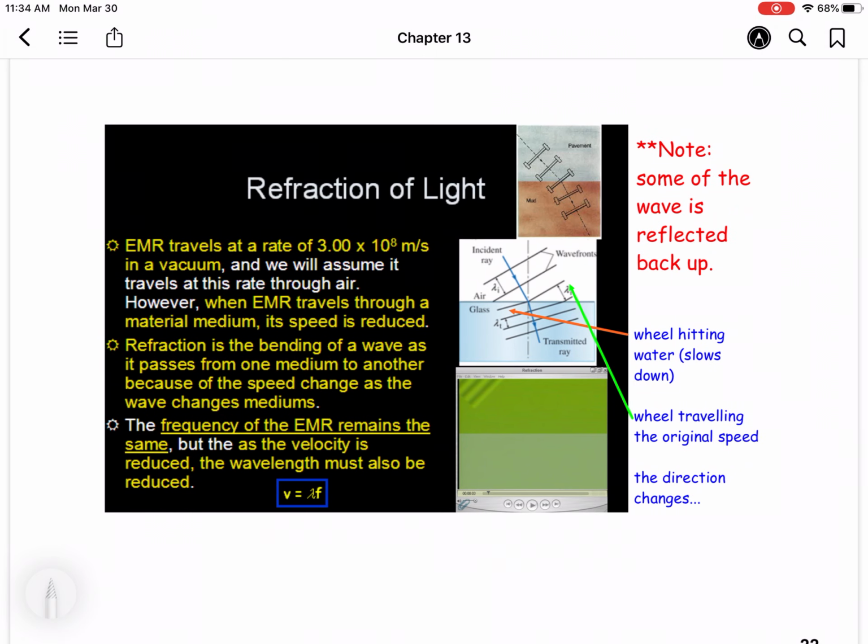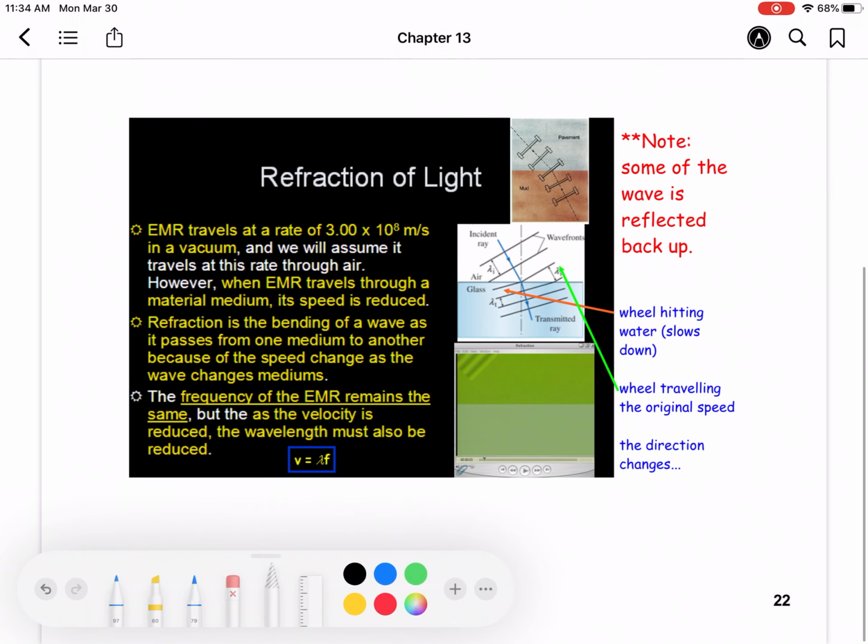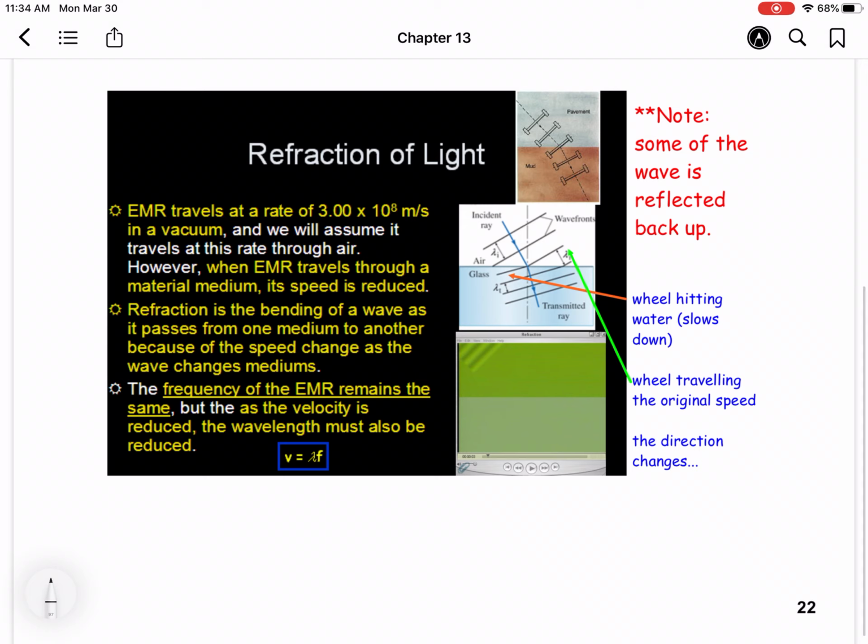It actually can change velocity. So we know the velocity of light. The velocity of light is 3 times 10 to the 8. But you'll notice anywhere you say that, it says in a vacuum. Definitely spelled that wrong, but in a vacuum, right? How do you spell vacuum?